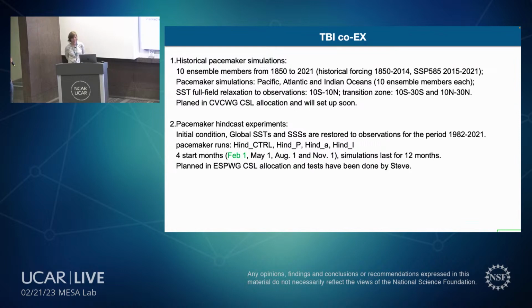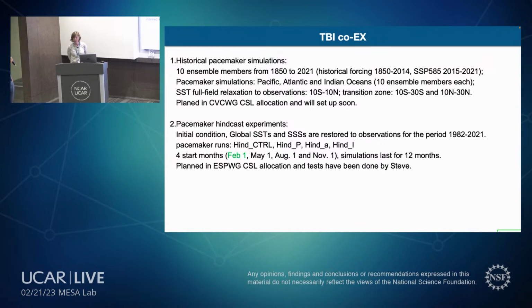The other set of simulations is what we call the pacemaker handcuffs experiment. For this experiment, first we need to get a new initial condition by relaxing the global SST and SSS to observations and running the period 1982 to 2021. After that, we will run a set of pacemaker simulations for the global, and then the Pacific, Atlantic, and Indian Ocean.